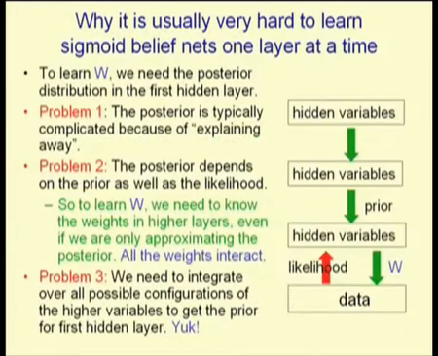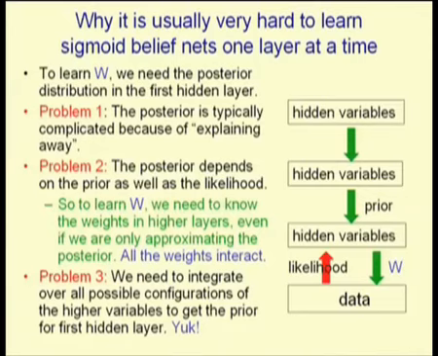So the reason it's hard to learn a deep belief net that has these layers of hidden variables driving the layers below until you eventually get to observe the data. Well, let's think about learning just these weights here that go from the bottom layer of hidden variables to the observed data. In order to learn these, we need a sample from the posterior here.